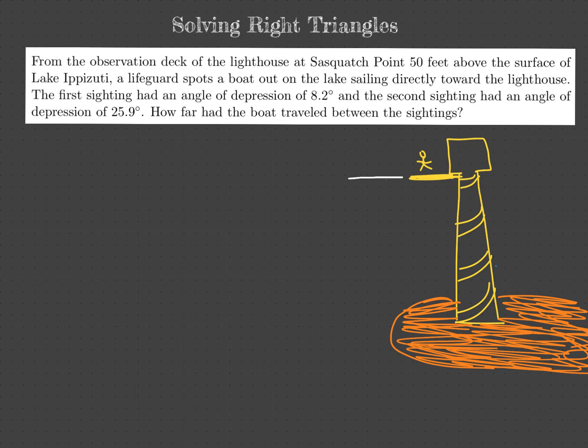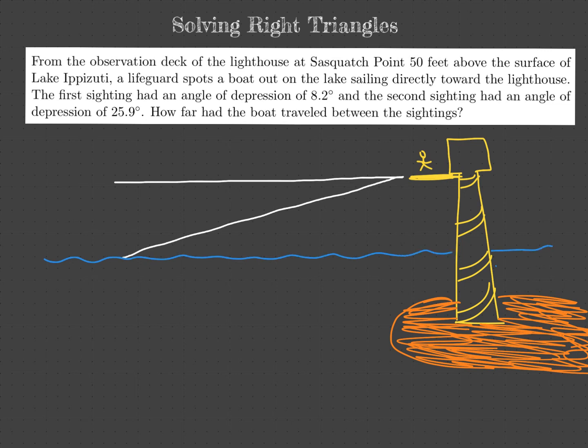So we have this horizontal, and then we have an 8.2 degree angle until we hit the water. Now I haven't drawn the water. That looks about right. So let's do the water right here. It's like on land here and then the water's behind it. That's okay. I'm not the world's greatest artist, but we're getting there. Okay, so this is where the boat first is.